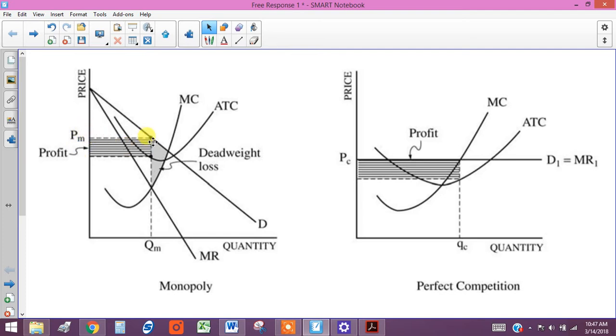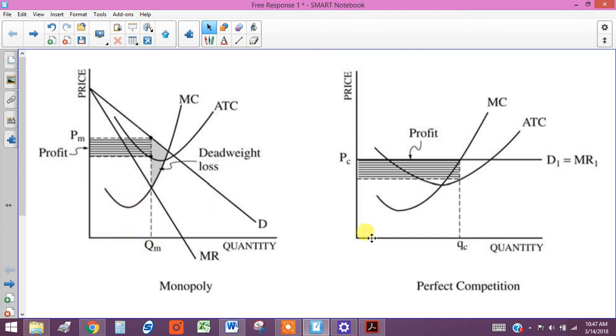So this rectangle right here, okay? And what defines it? A price at the higher end, the top or the ceiling is going to be the price, and the floor is going to be average total cost, and it's going to be defined as the quantity 0 through whatever the quantity produced is right here.